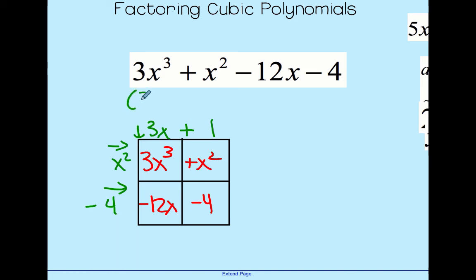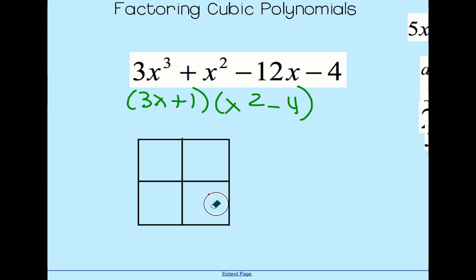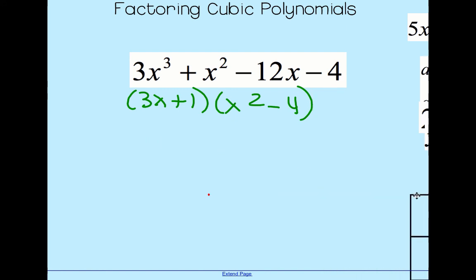So what do I have? 3x plus 1 is my first factor. X squared minus 4 is my second. Now, that second factor, we've got to double check it. It's quadratic. So before I can say this is completely factored, I have to check to see if I can factor that quadratic any more. And we can, because remember that difference of squares rule that we did way back?